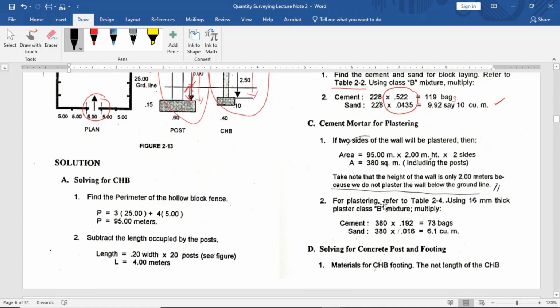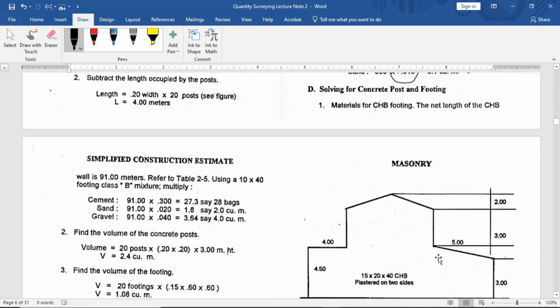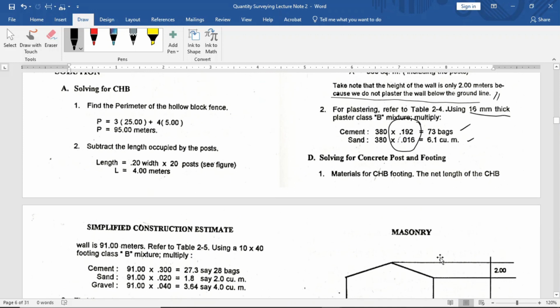So, for plastering, refer to table 2-4 using 16 mm thick plaster, class B. So, ito yung magiging multiplier natin para sa plastering. So, 73 bags para cement and 6.1 cubic meter para sa sand. So, solving naman para sa concrete posts and footing.